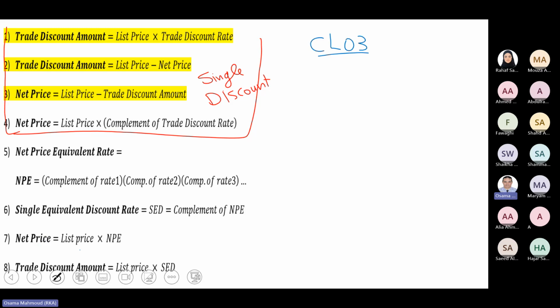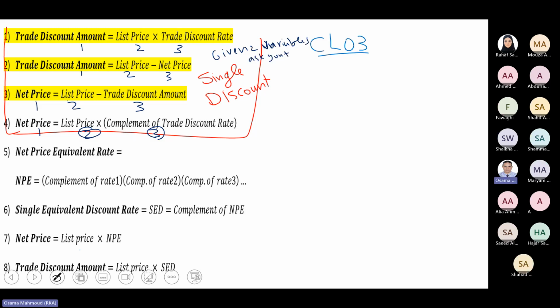You have in each formula 1, 2, 3 parts, right? In each formula of this one, we have 3. So you will be given 2 terms, or 2 variables, and asked to find the third one.